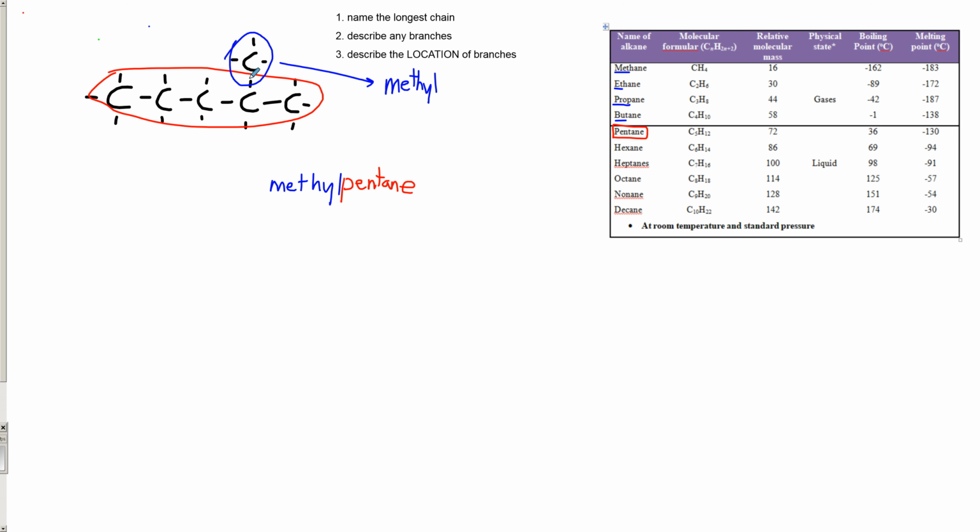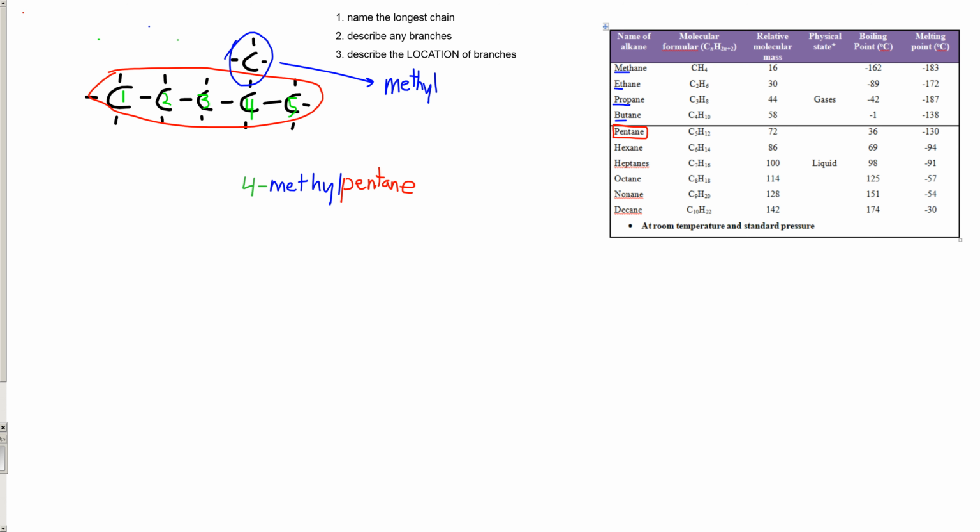So I'll give you the wrong answer first. If I number these carbons like this, carbon 1, 2, 3, 4, and 5, if I describe the location of my methyl group, in other words, where is the methyl group? It would be on carbon number 4. So I would write 4-methylpentane. But that's wrong because there's a better number that we can use.